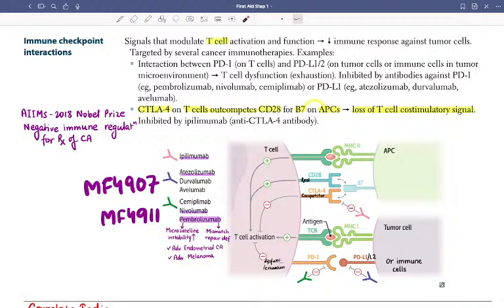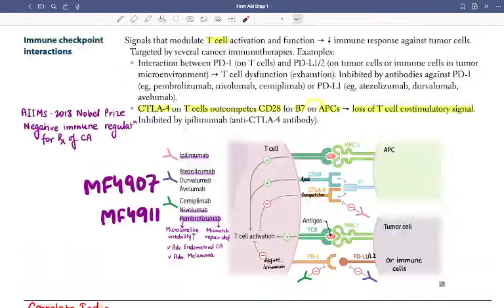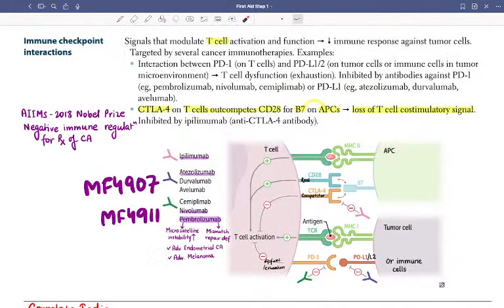Immune checkpoint interactions are signals that modulate T cell activation and function, leading to decreased immune response against the tumor cells. Several cancer immunotherapies target this interaction. See, this PD1 and PD-L1 and L2 interact, right?